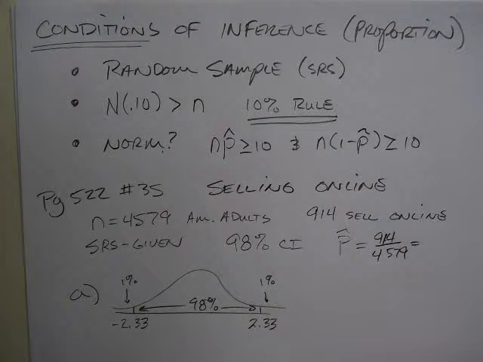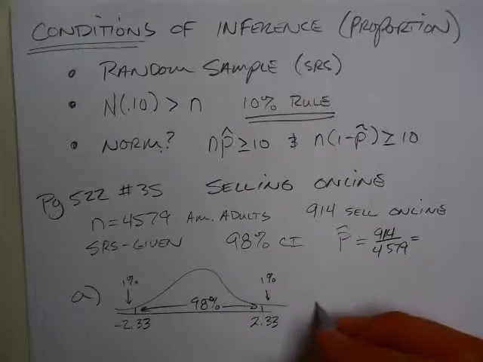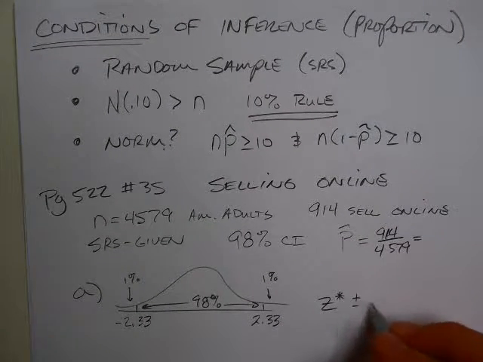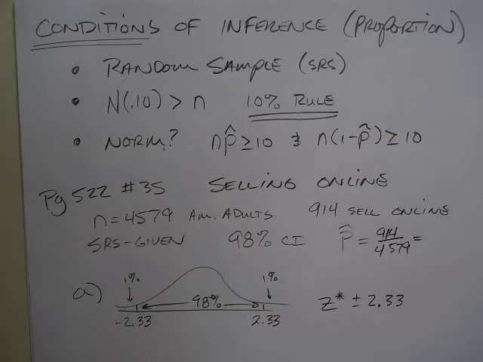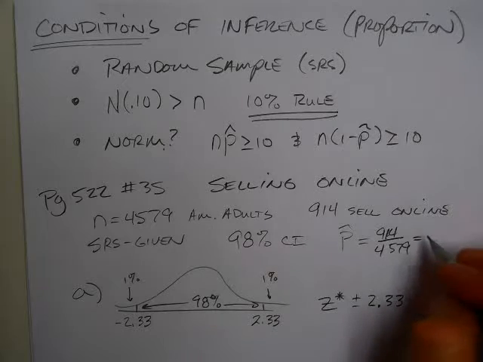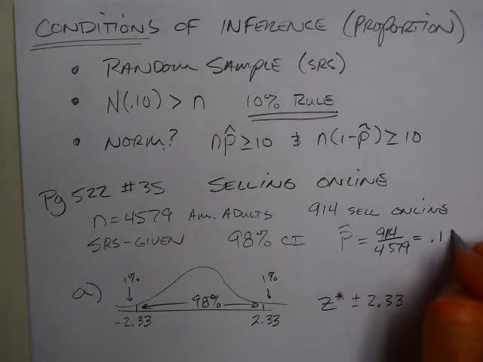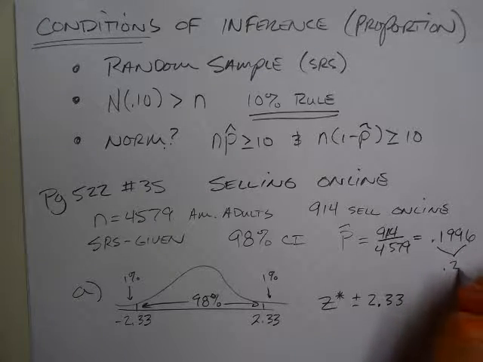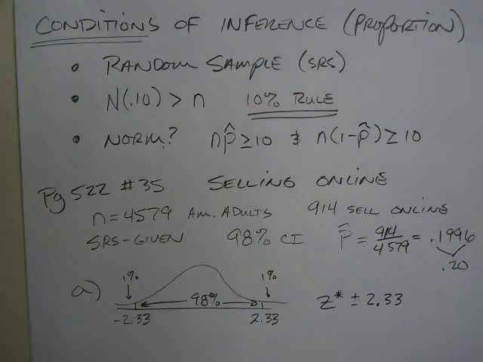So our z-star for this is plus or minus 2.33. By the way, this appears to be 0.1996, which I will call about 20%. Let's go with 20% for the p-hat. Bless you.